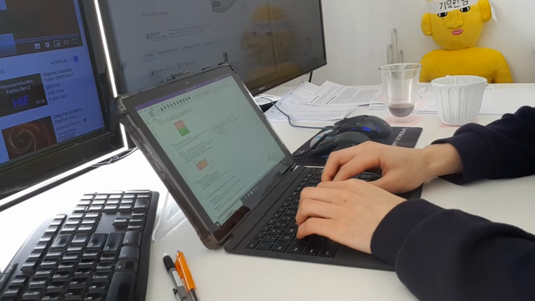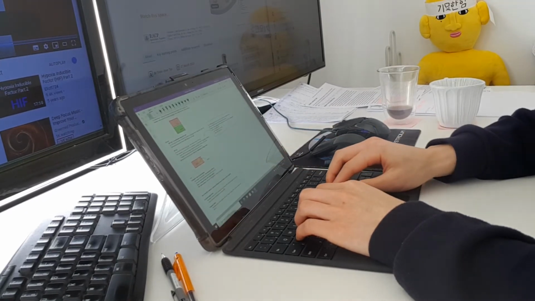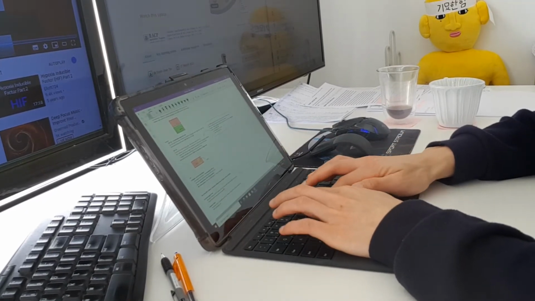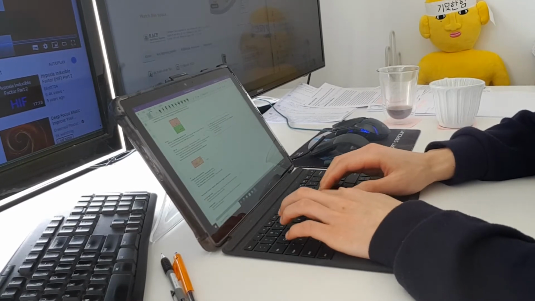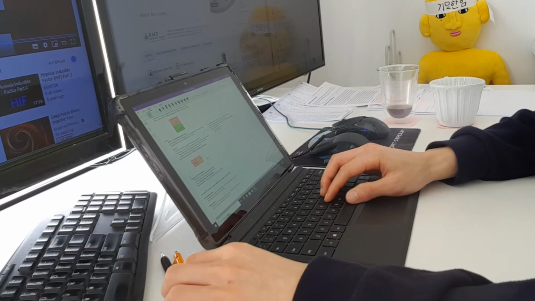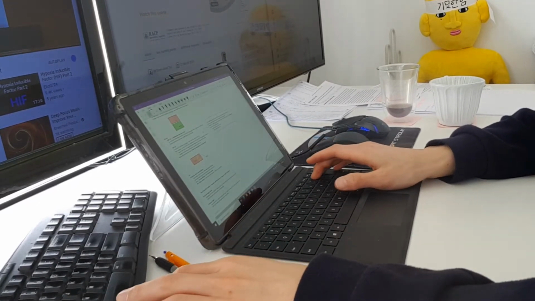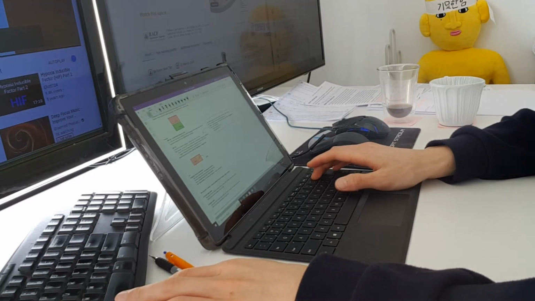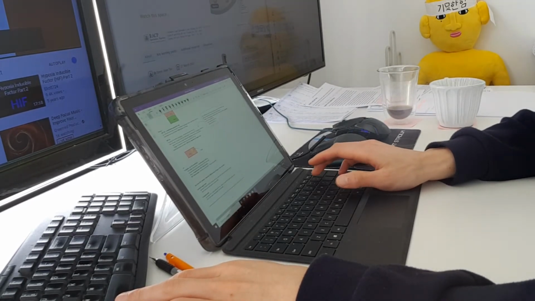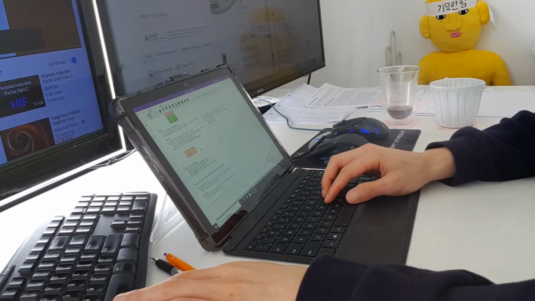HIF1 stimulates the point to increase RBC. The hypoxia. Okay, so basically, in this oxygen-dependent degradation domain, there are two proline residues which are going to be hydroxylated.